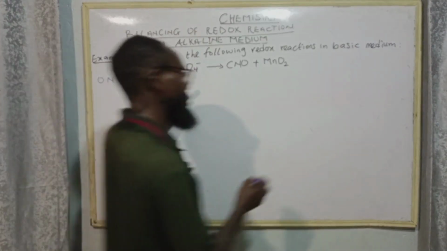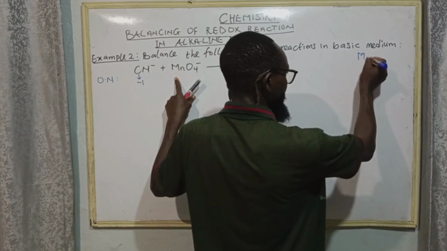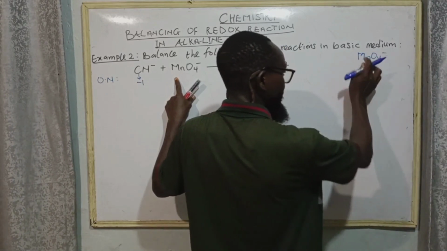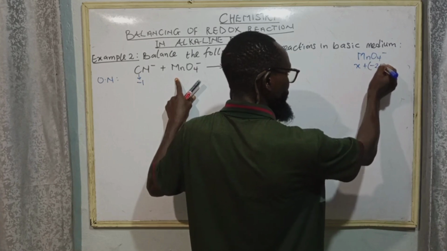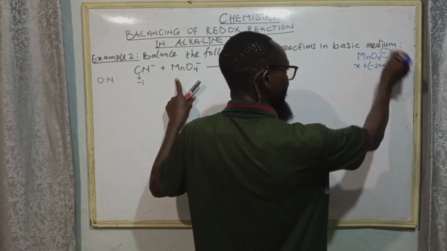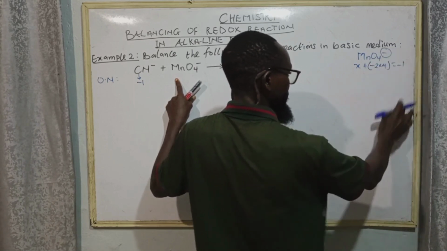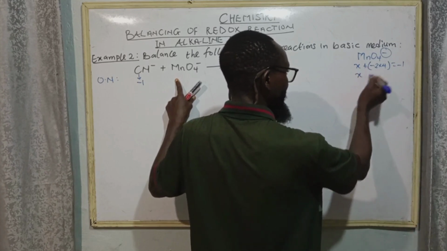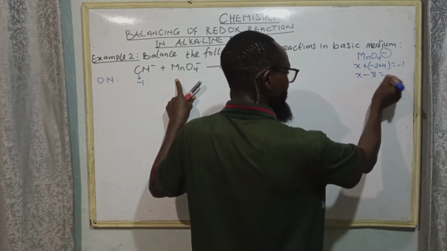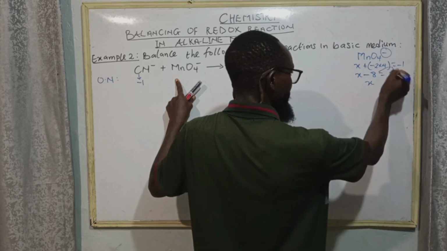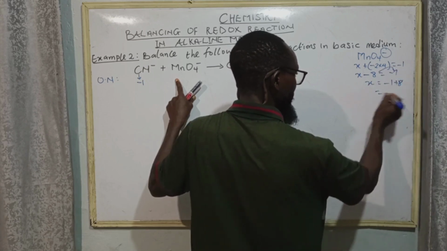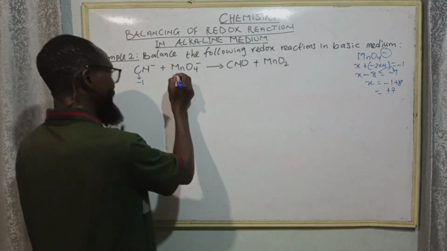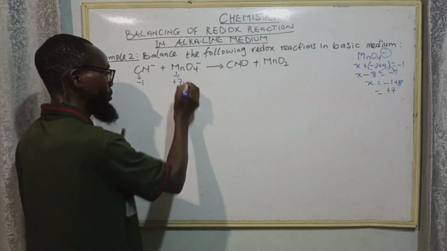So we can solve it. MnO4 minus, this is what we are looking for, X plus oxygen, -2 times 4, equals -1. So we have X plus -8 equals -1. X equals -1 plus 8, which equals +7.